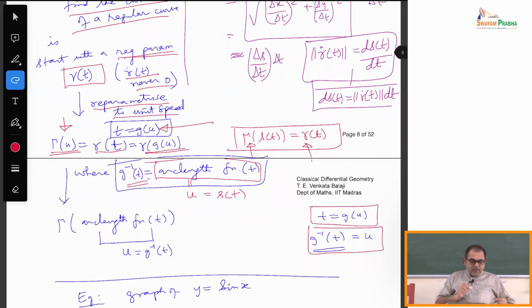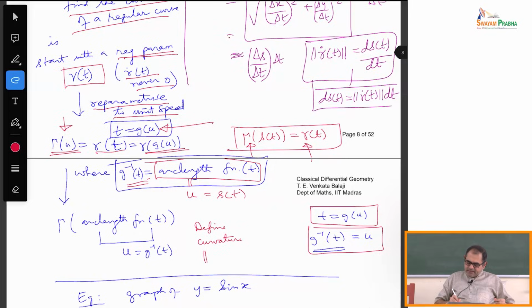That's because once you have this, you define the curvature to be the norm of the acceleration of the unit speed curve. So the unit speed curve is capital gamma of u, its velocity is d gamma of u by du.